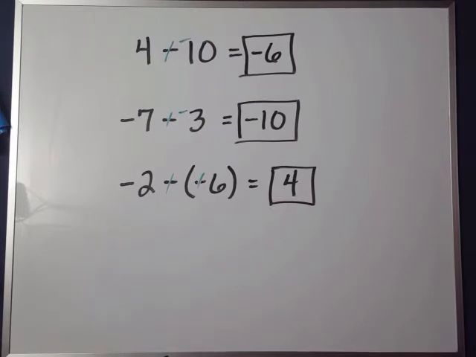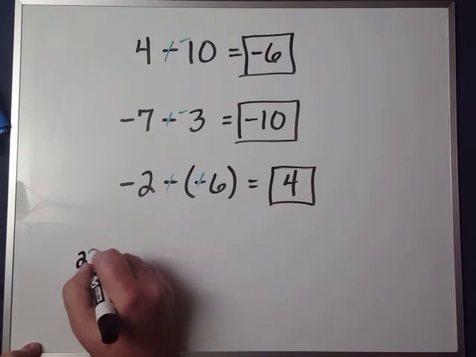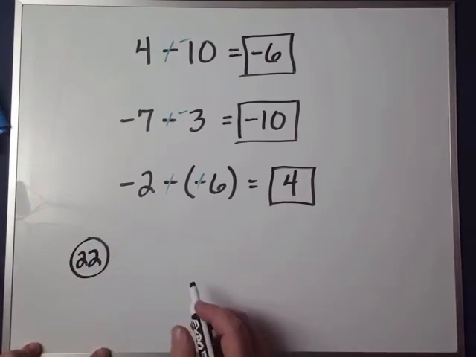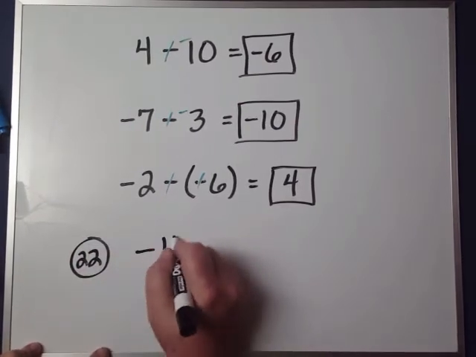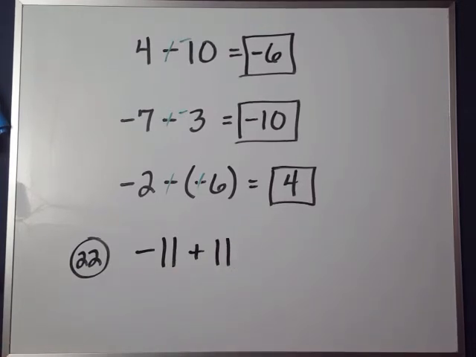Let's grab some homework problems. Here on page 60, I'm going to jump all the way down to number 22 to get started. Negative 11 plus 11. My instructions will read, evaluate.